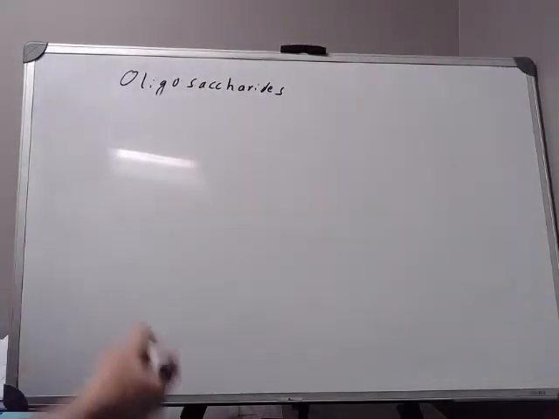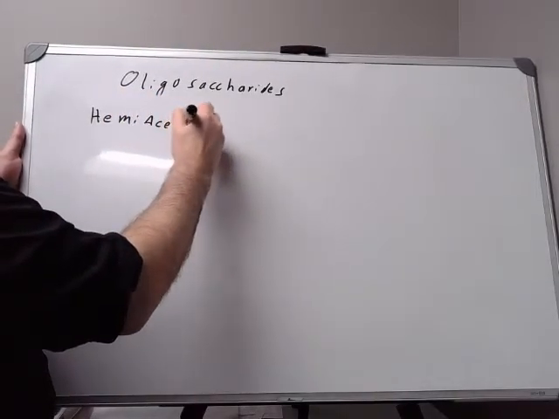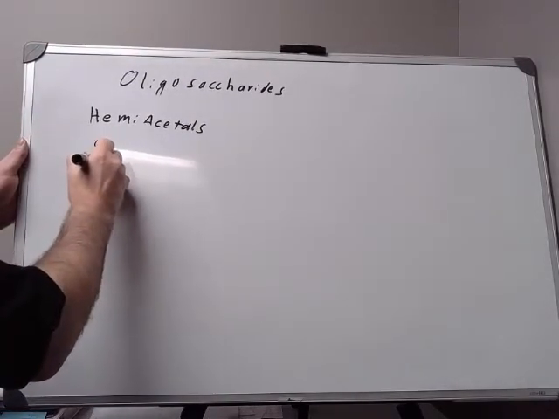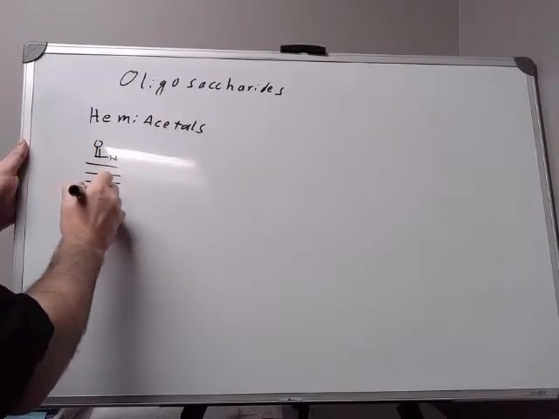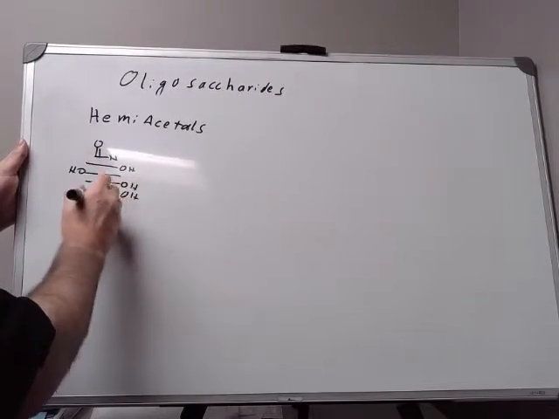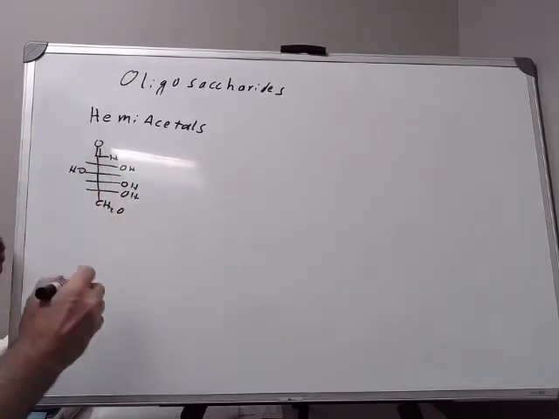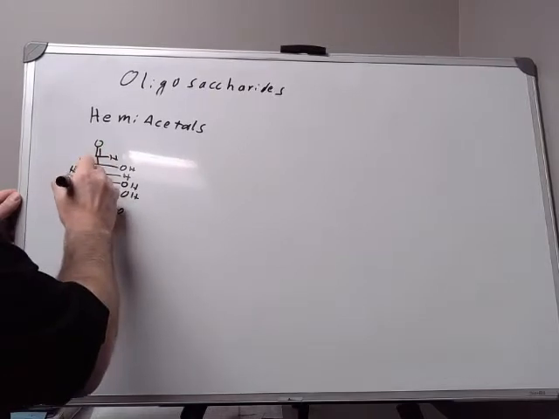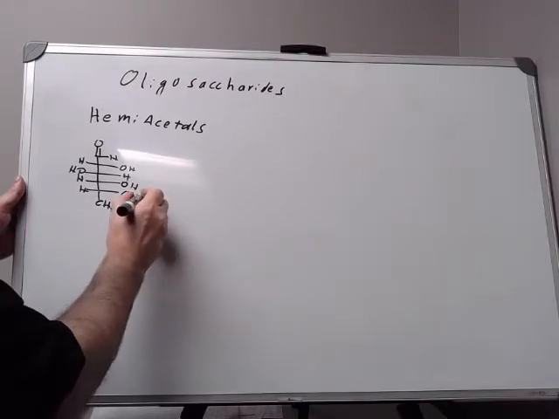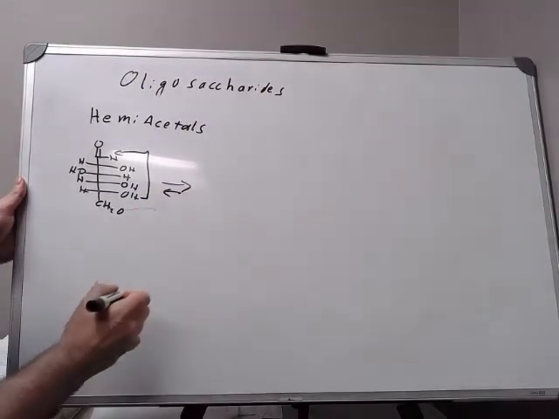So first, in the previous video, we had introduced hemiacetals and how a linear sugar can form a hemiacetal with itself to create a cyclic sugar.